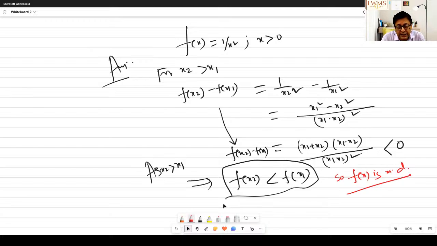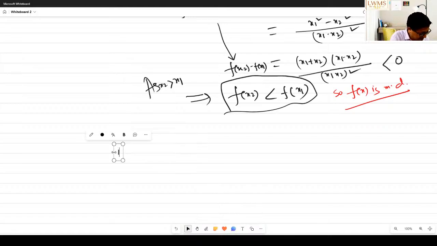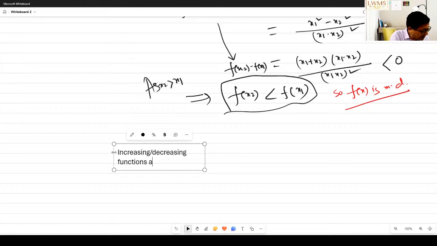Now, increasing or decreasing at a point also you need to define. Whether a function will be monotonically increasing or decreasing at a point. Let me discuss one by one. So, increasing or decreasing functions at a point.